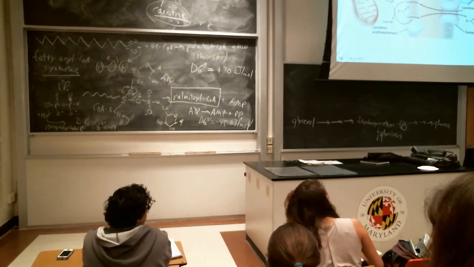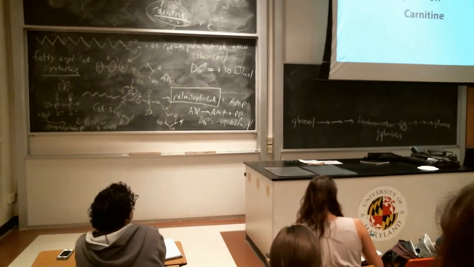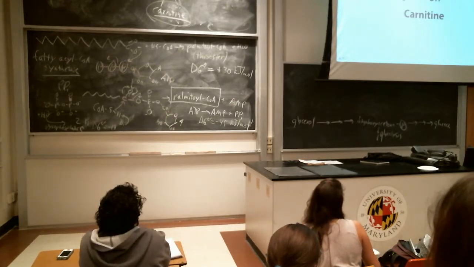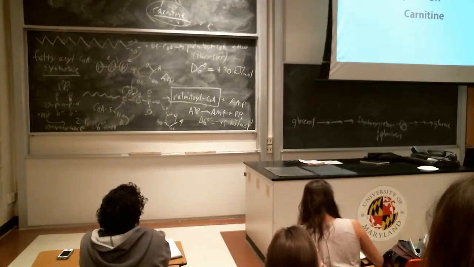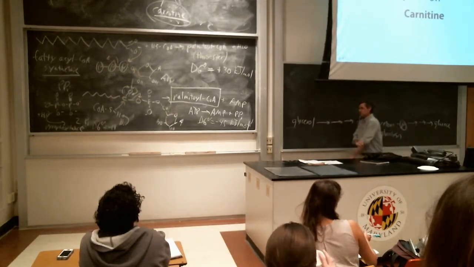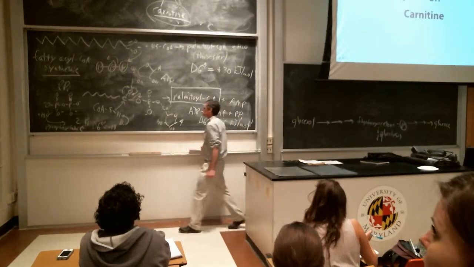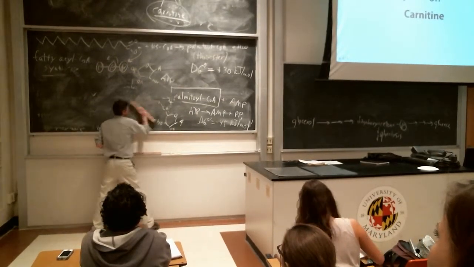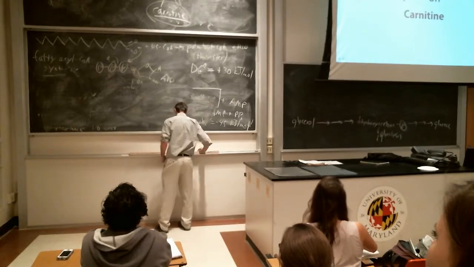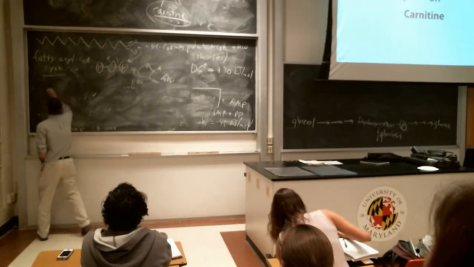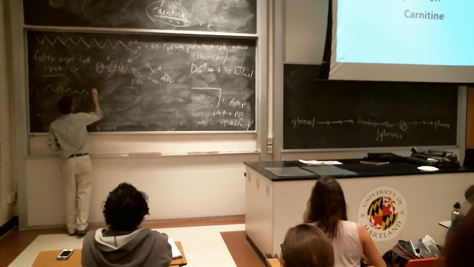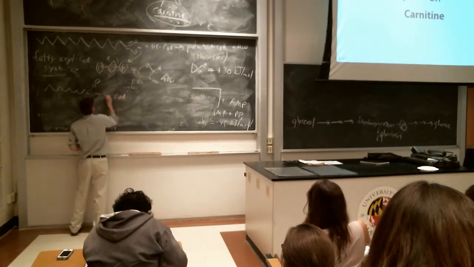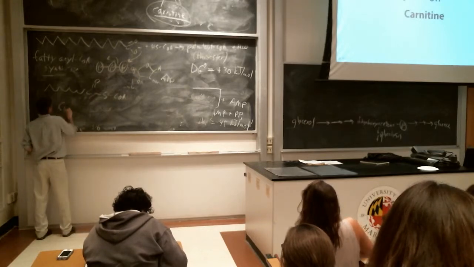Carnitine, here's the structure of carnitine. I won't have you memorize it, but this OH group is what is going to enable it to form the ester with the fatty acid. So you're going to have a fatty acyl-CoA and carnitine, catalyzed by an enzyme.